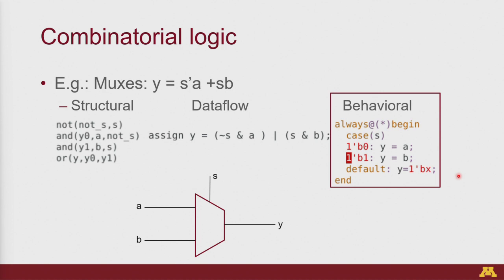Because the moment you have an incomplete case, it assumes that you have some kind of memory in your system. If the select line comes with a value that has no option, it needs to hold the previous value, and holding the previous value implies memory, so it tries to implement a latch. That's an error in the design. In SystemVerilog, it will be an error if you use an always_comb block, because you have a separate block called always_latch if you want to implement latches.